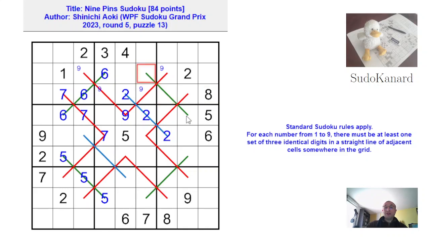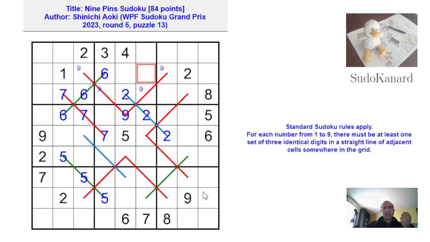So that won't be a pin for any digit at all. It won't be for 1, 3, or 4. It won't be for 8. So we can see that the extra pin is here. Well, that didn't need to be an extra pin, but it happened that this was an extra pin, which means that, by the way, I can also remove this part of the red pin.